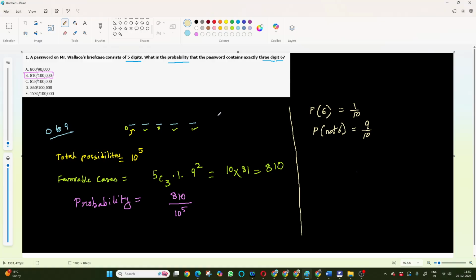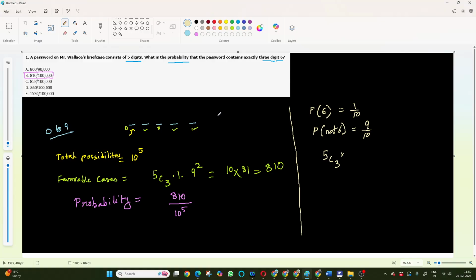Success has 1 by 10 probability, and failure has 9 by 10 probability. If we can find the three success cases out of those five cases, then we can find the result. Finding three successful trials out of five total random trials can be done in 5C3 ways.